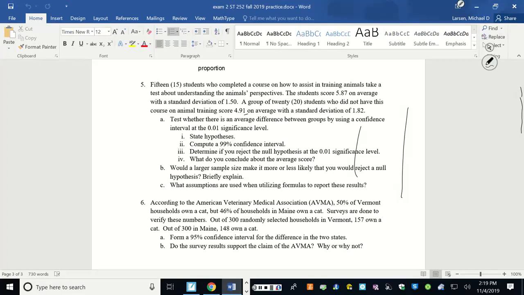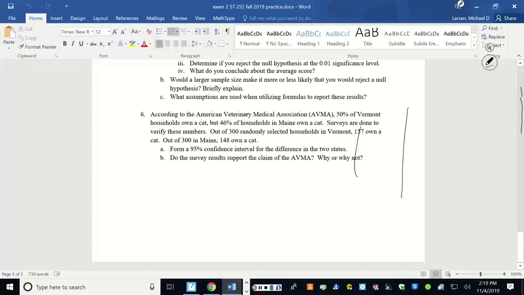So you could do a confidence interval for the difference there. Would a larger sample size help? Do you reject a null hypothesis or not? Sample size affects standard error, so it makes the sampling distribution more narrow. So if the differences remained that big, then more evidence would make it significant. What assumptions? T, normality, central limit theorem. And then this one is comparing two proportions.